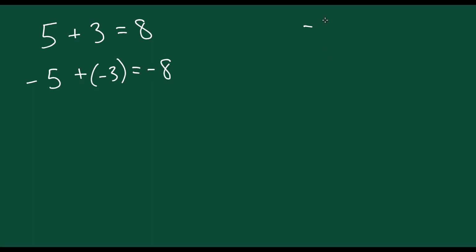And then negative 5 plus 3 is a negative 2. 5 plus a negative 3 is a positive 2. Now, some of you may have noticed when I wrote out these 4 equations that their answers come in pairs: 8 and negative 8, and negative 2 and positive 2.